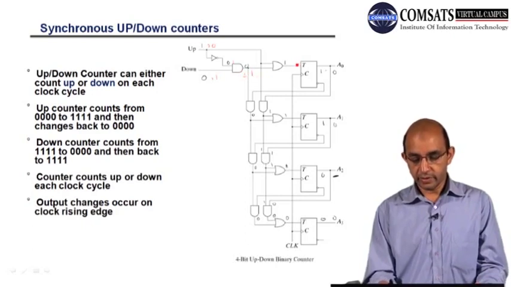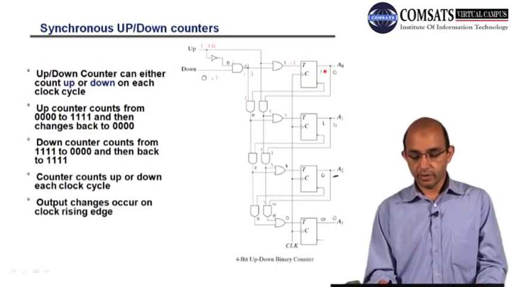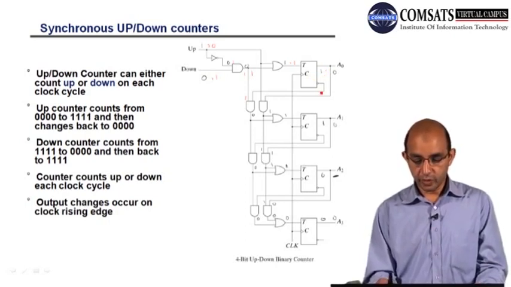As a result, we will be having 1, and this one will propagate here. I'm assuming the same state, 1, 1, 0, 0. This one will propagate here, and here we have a 0, so as a result we will be having a 0 here.